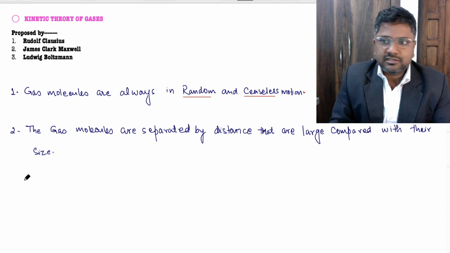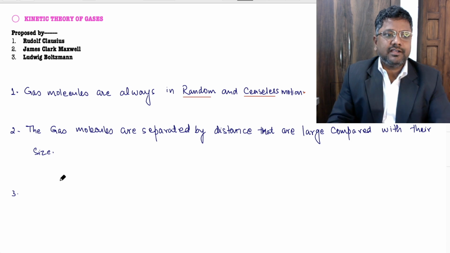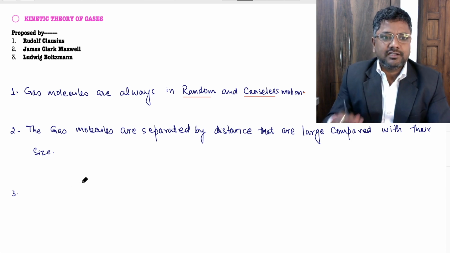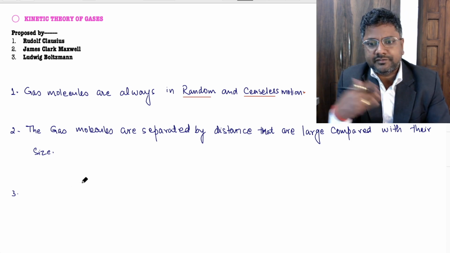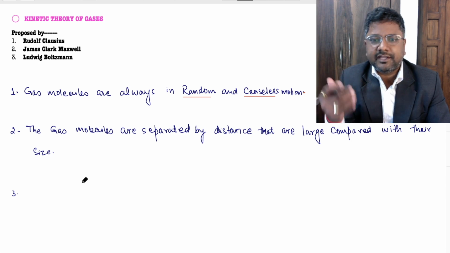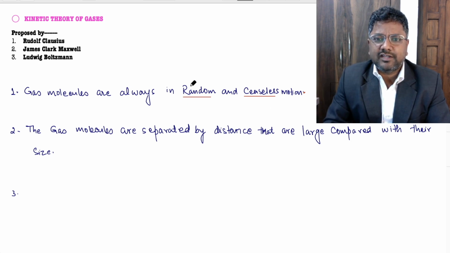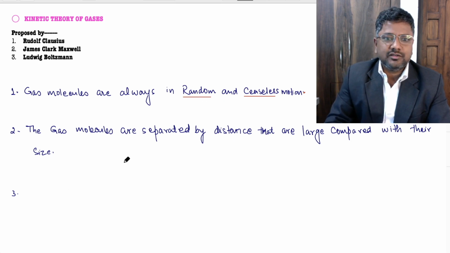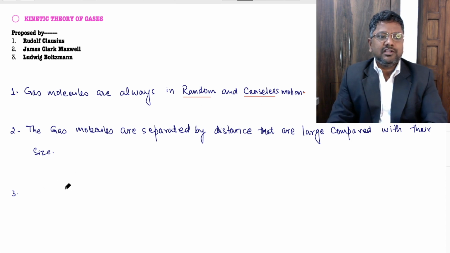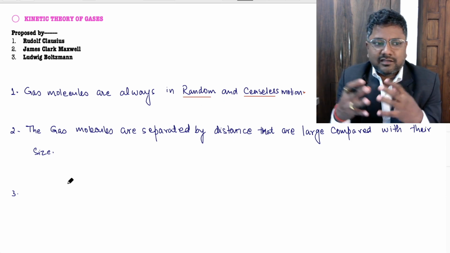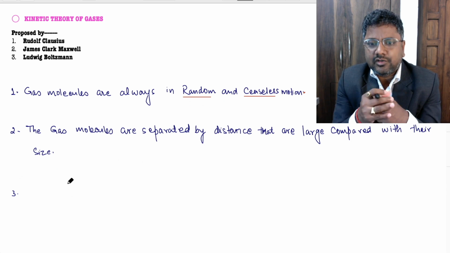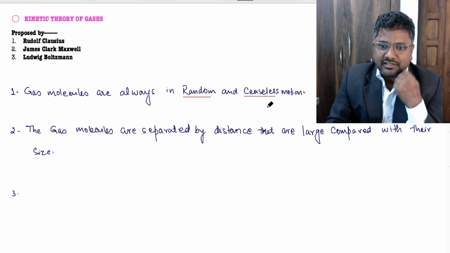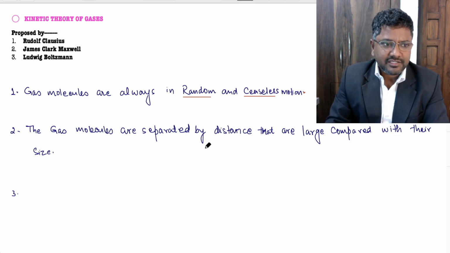And now the third point: gas molecules move in different directions. I have covered that in the first point, that they are always in random motion. So in this point, the molecules exert no force on one another between collisions, meaning their motion is ceaseless, right?